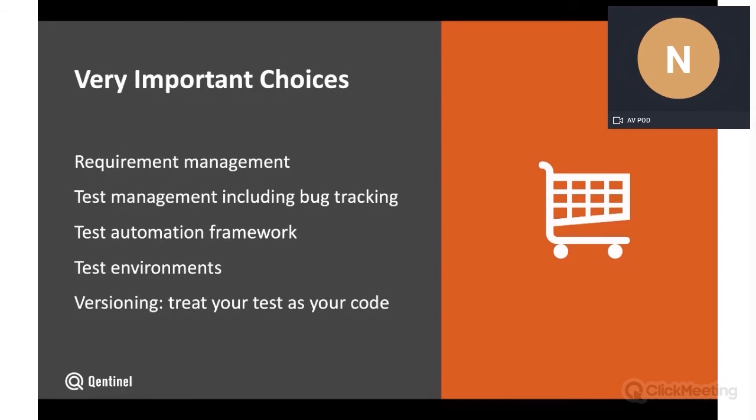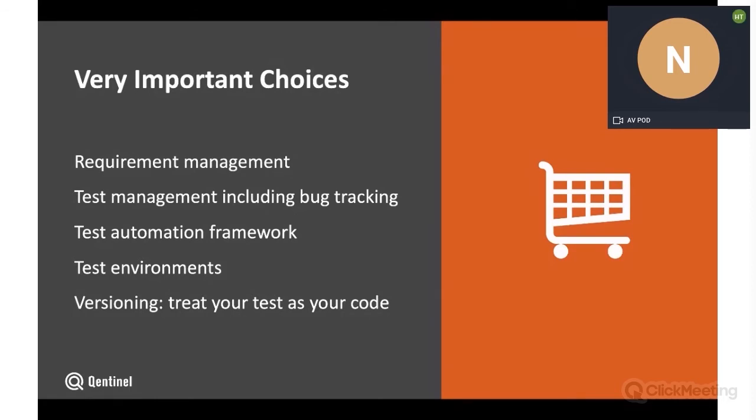But then looking more towards new agile lean startups, they might not be actually investing a lot in requirement management and test management, rather just a bug tracking tool. But you need a certain mechanism, whichever fits your needs, to have tracking between your requirements, your tests, and your bugs.